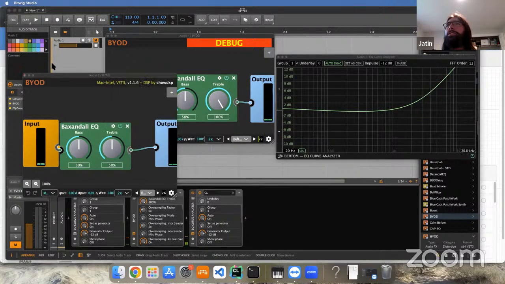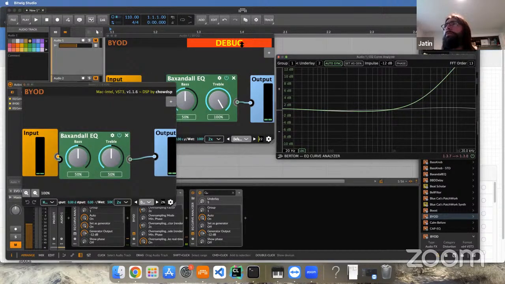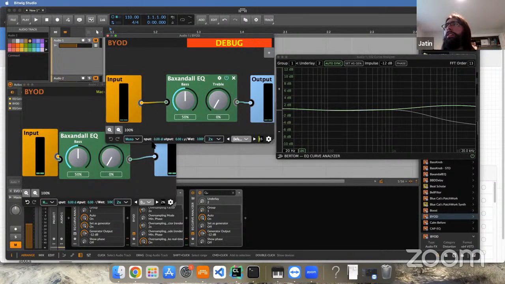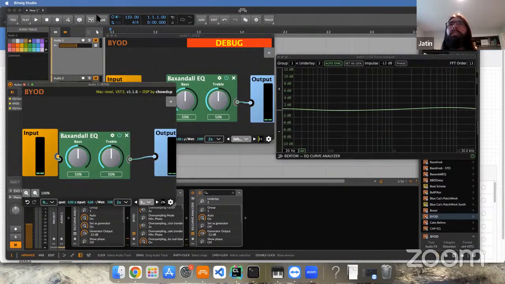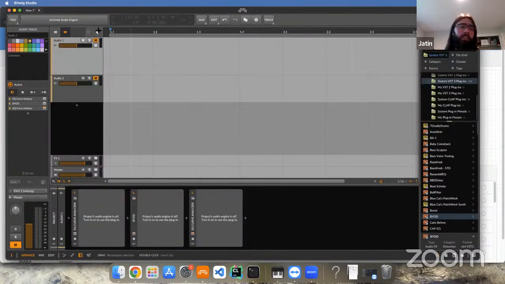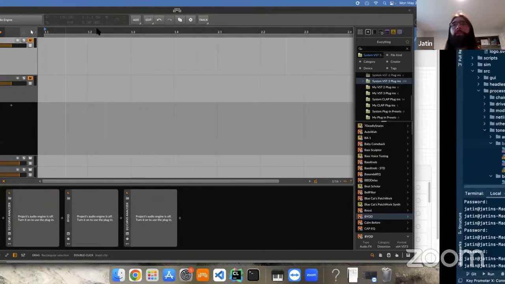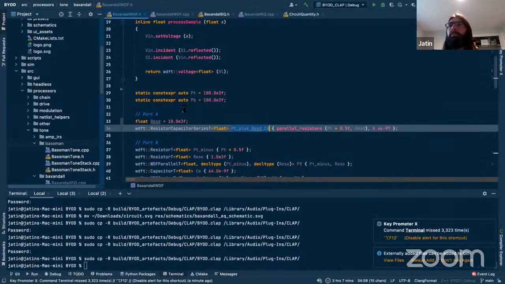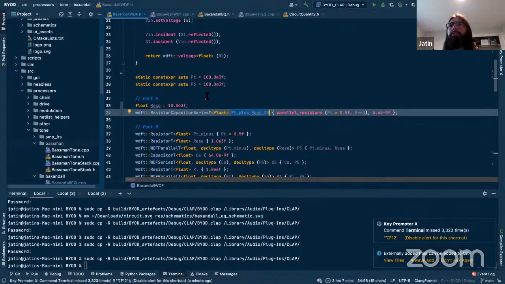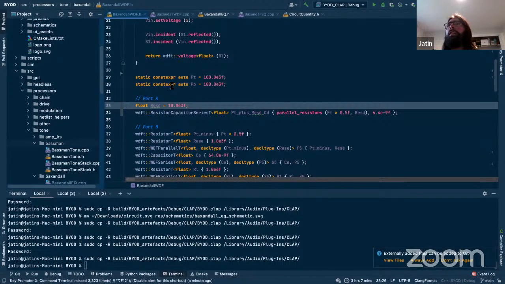Let's make sure we're still getting the correct result. Sure looks okay to me. Nice. The reason I'm only testing the treble knob right now is because the bass knob is completely separate from the bits of code that I'm editing.